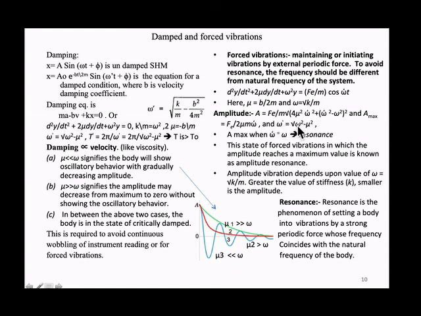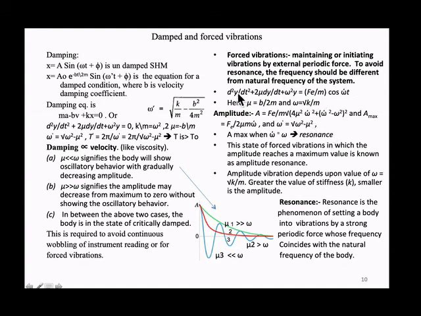Omega dash square minus omega square is minus mu square, into whole square, so mu to the power of 4. So this is the amplitude for a forced vibration. The derivation is presently not in scope, but we have just given the equation here.